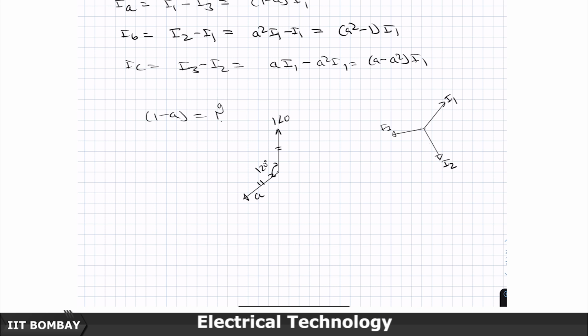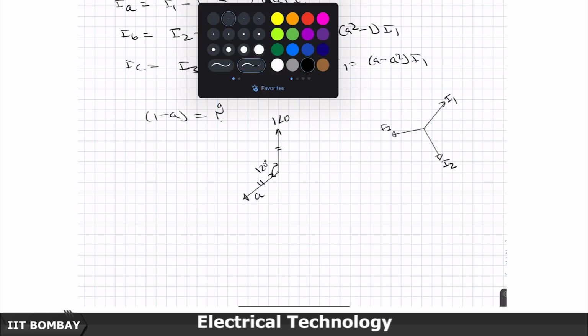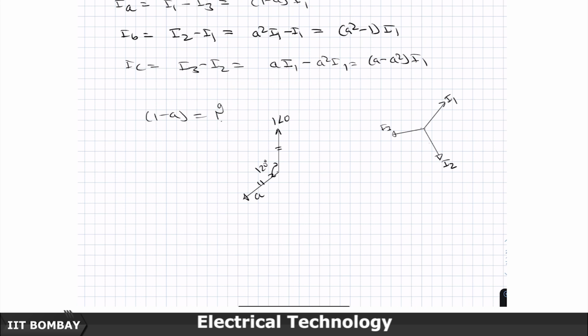So, if I do minus of a, the same thing will be projected here, will become minus of a, and now you are doing the summation of 1 plus minus of a, that is what 1 minus a means.